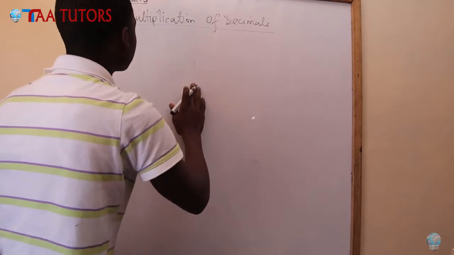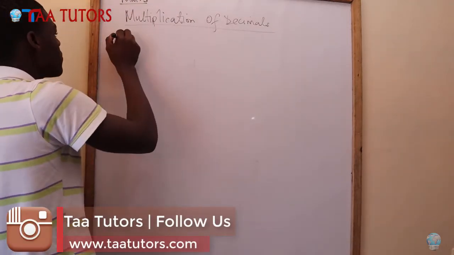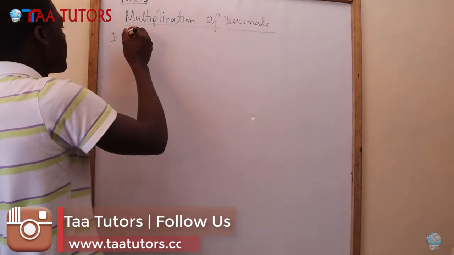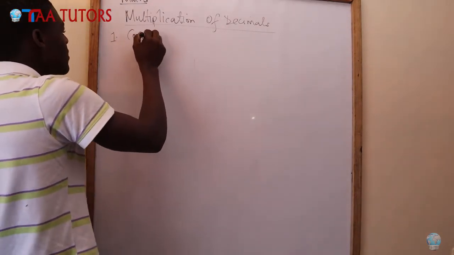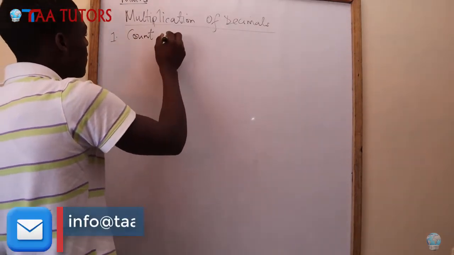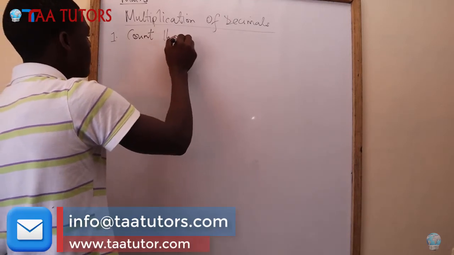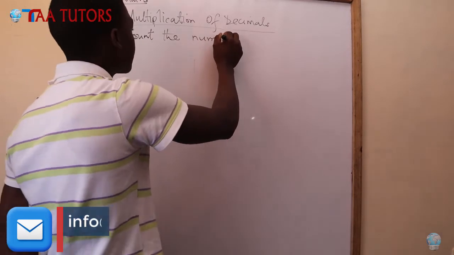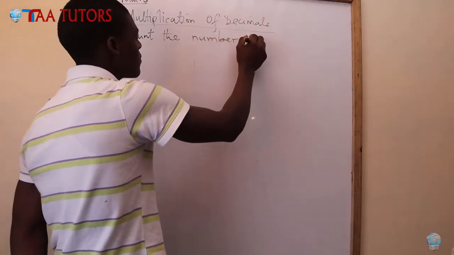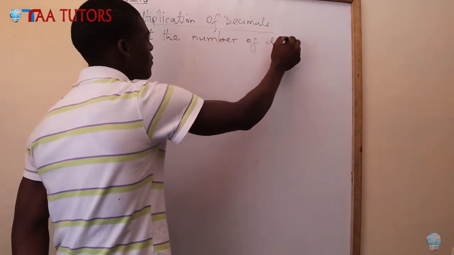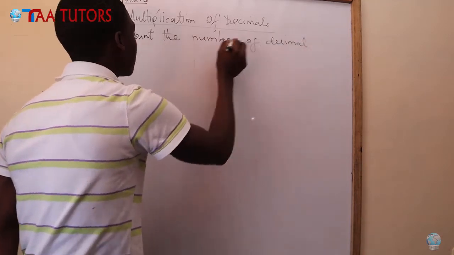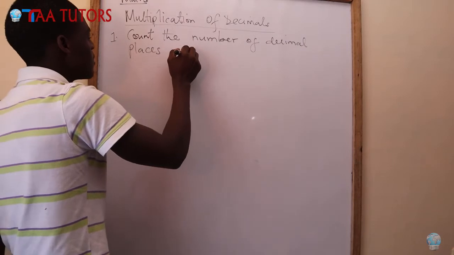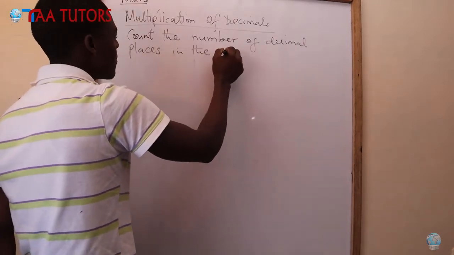When we want to multiply decimals, we have to follow some simple rules. Number one, we count the number of decimal places in the numbers we want to multiply.